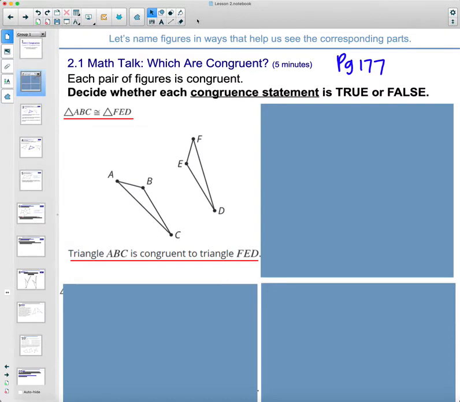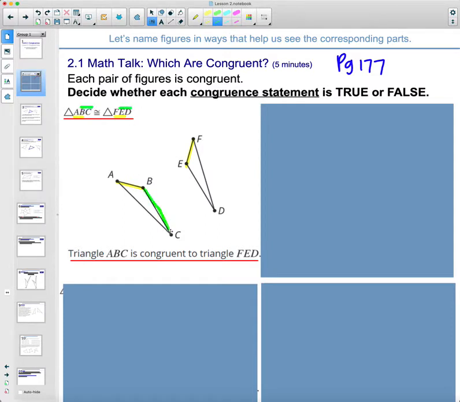Okay, so the method that I'm going to use is taking a look at doing them in the same order, the way that you name the letters and the way that you draw the picture. So for this one, I would be going AB first and FE. Second, then I would be doing BC and ED.